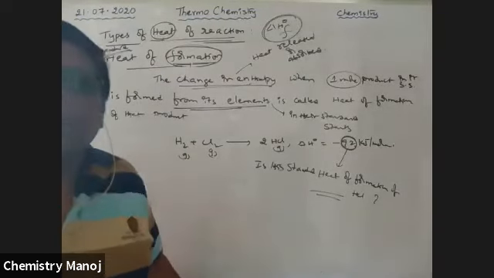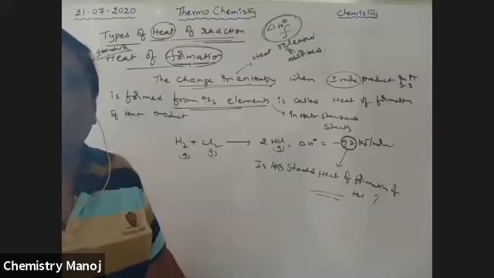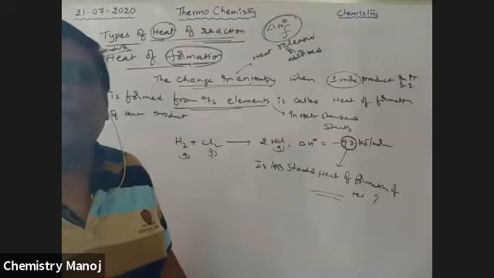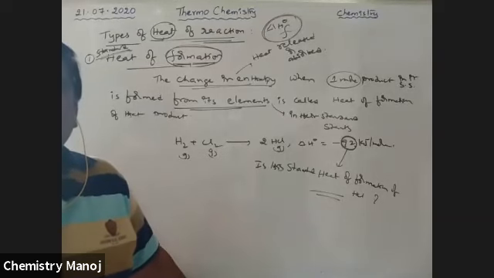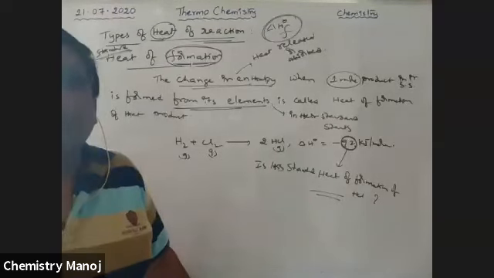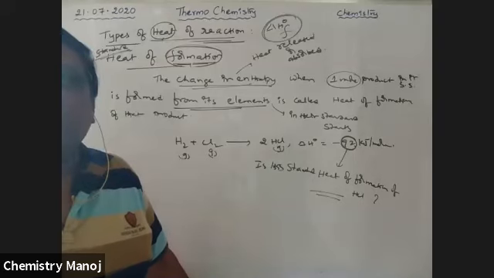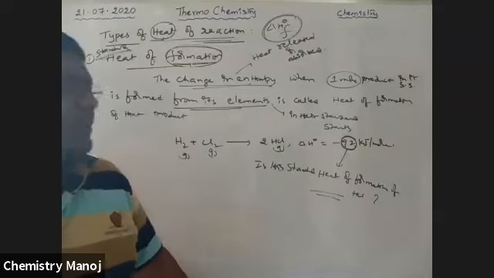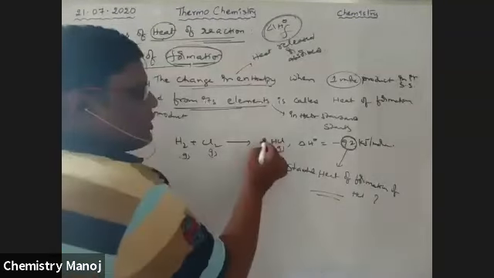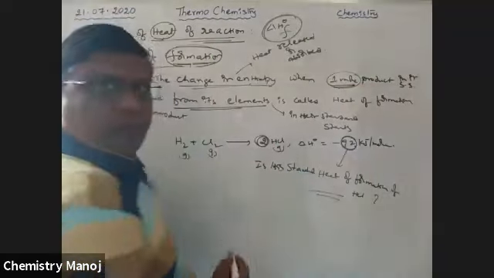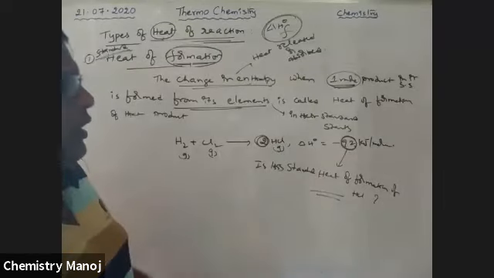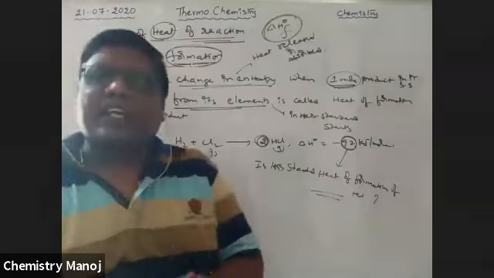Why not? Aditya, why not? Yes, Tarun, you are correct. Aditya, you are correct. Sir, it is 2 moles being formed, and our statement is only for 1 mole. Now, how much is the heat of formation of HCl?